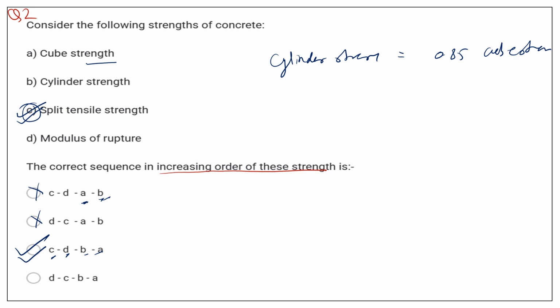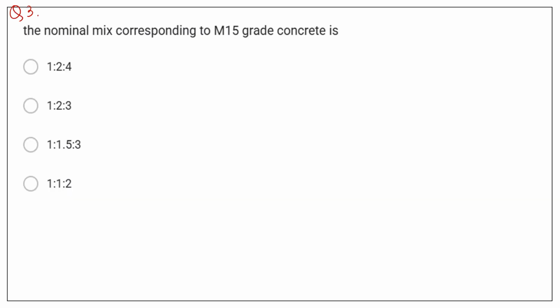Then question number third: the nominal mix corresponding to M15 grade concrete. For nominal mixes there is one table, and the values start from M5, M7.5, M10, M15, M20 and M25.